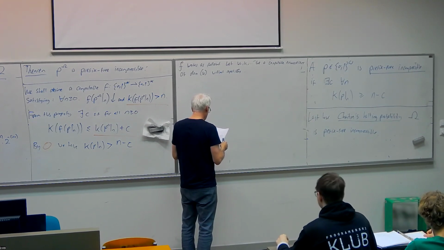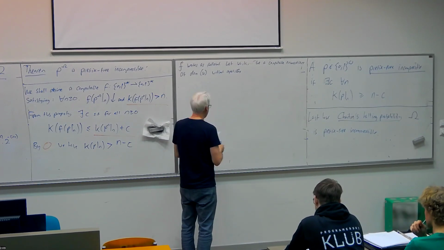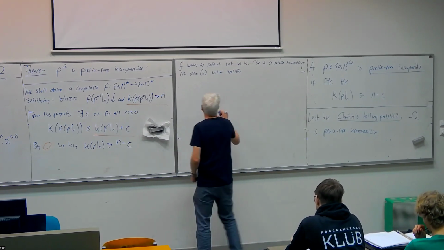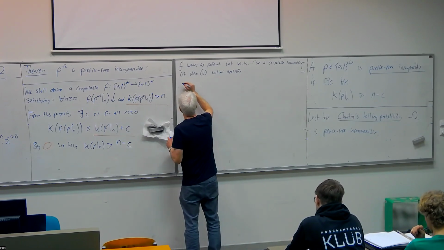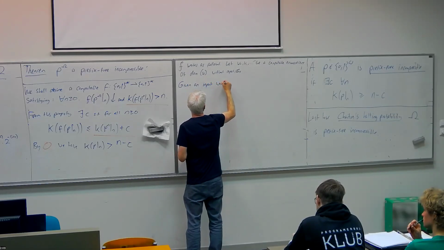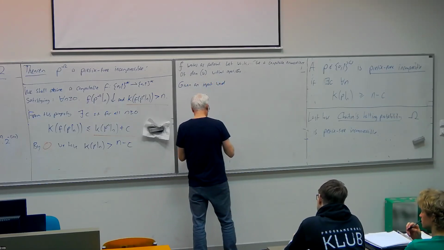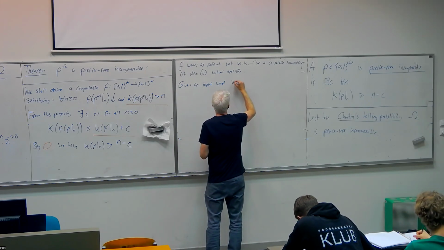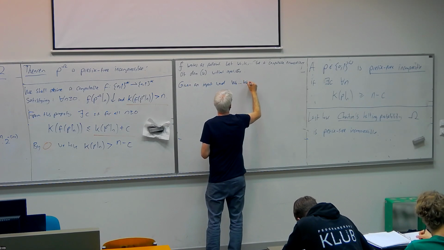And now what the algorithm does is, given an input word of length n, so let's call that W0 up to Wn minus 1.